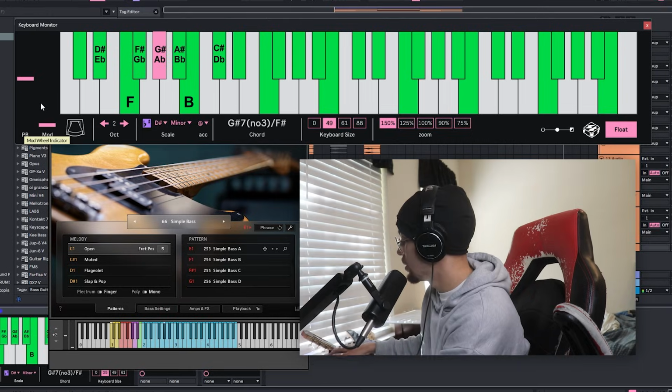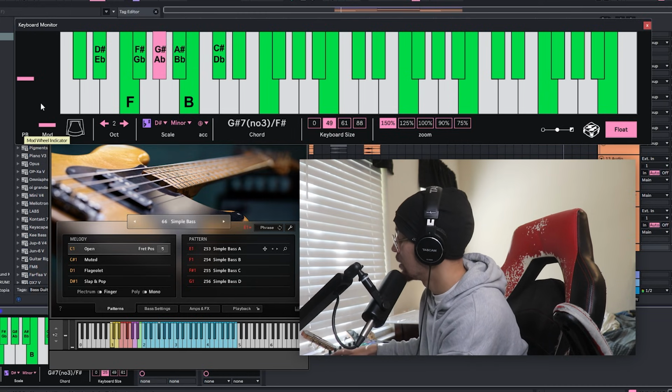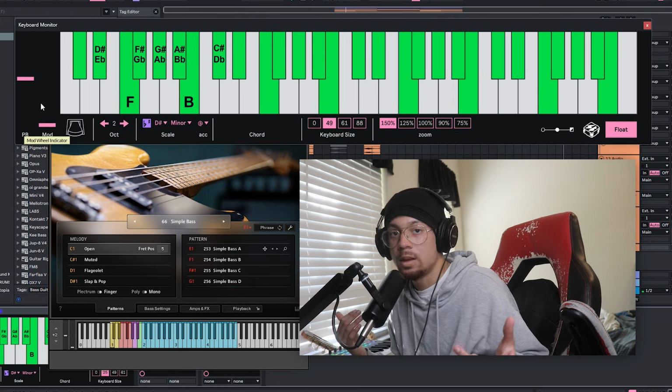Boom. That's it. It's that simple. And even the lower keys, they work too.